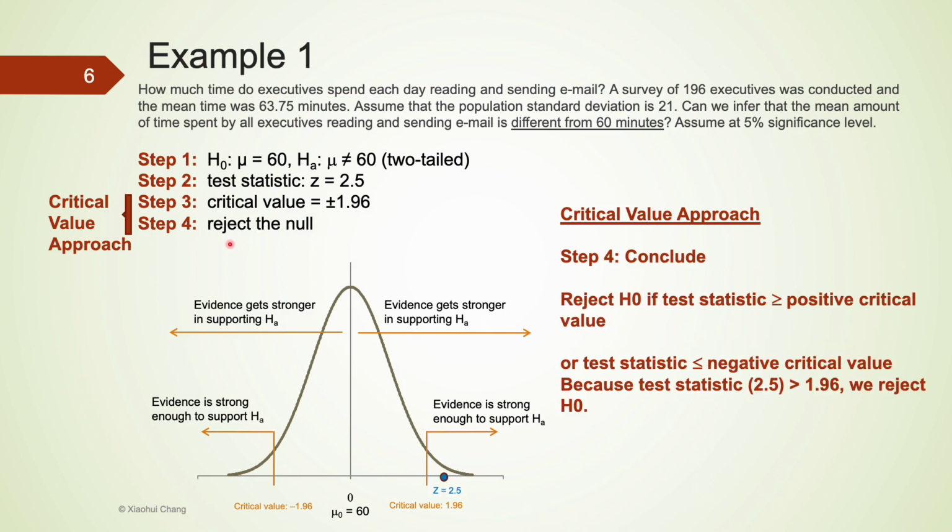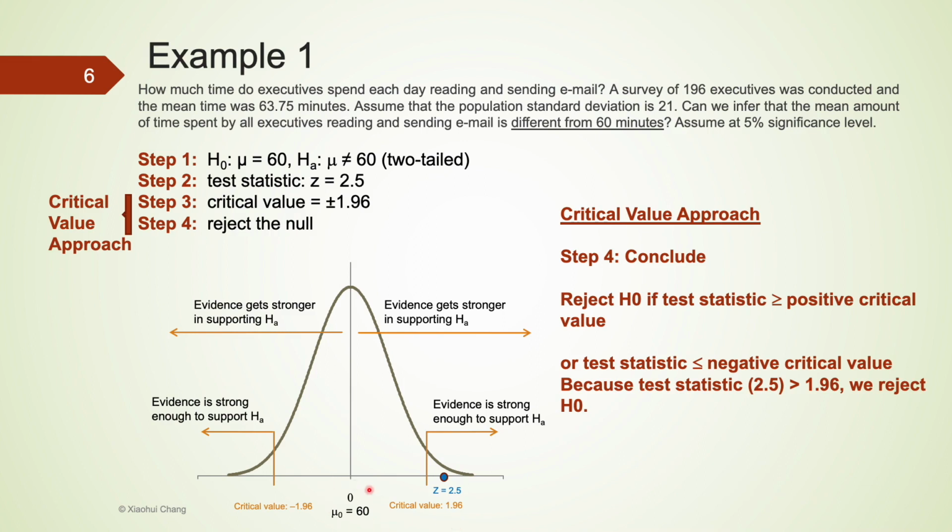In step 4, we compare the test statistic, which is 2.5, with the two critical values, which are plus minus 1.96. If the test statistic is more than the positive critical value, that means if 2.5 is more than 1.96, we would reject the null. Alternatively, if the test statistic is less than the negative critical value, we would also reject the null.